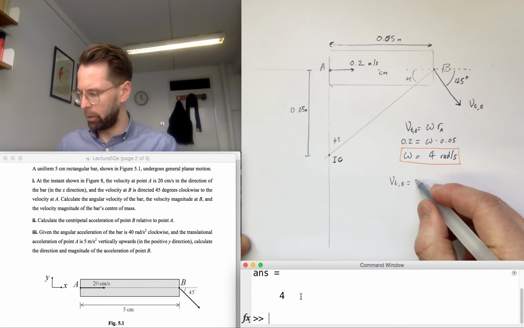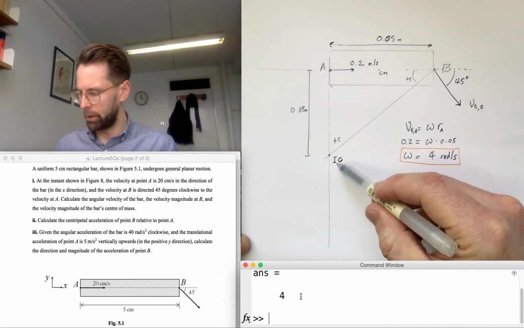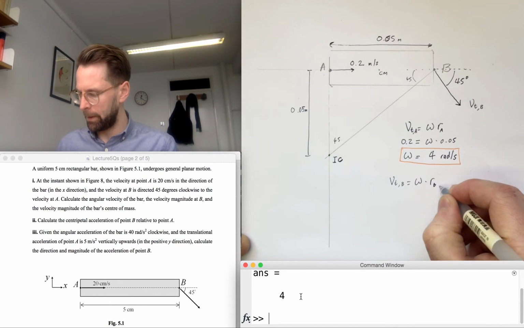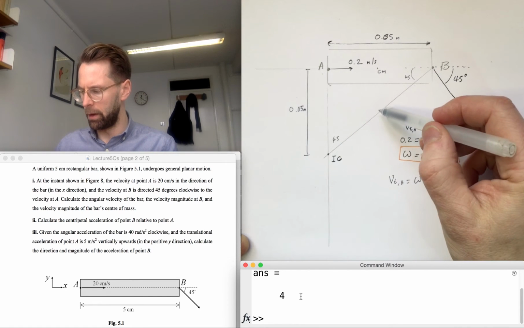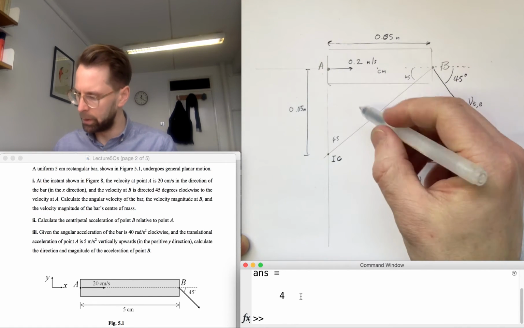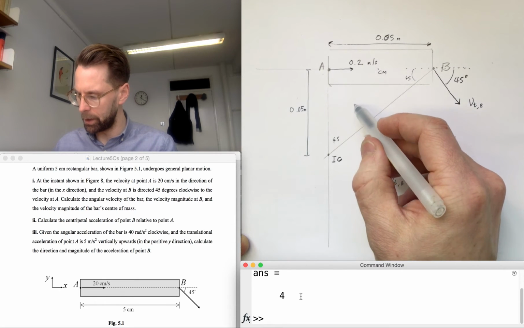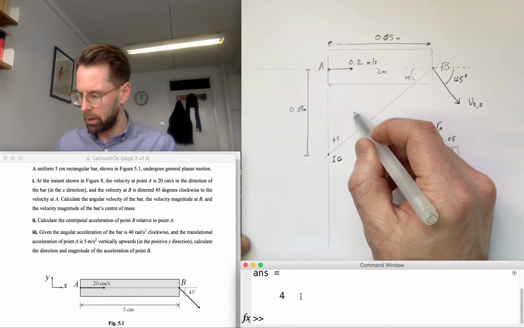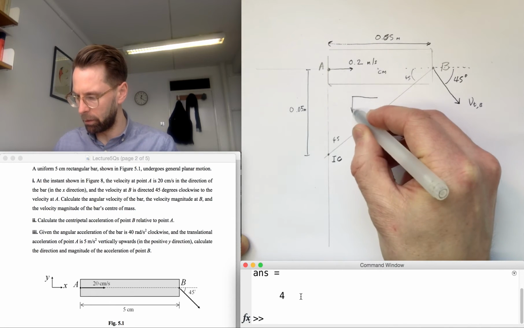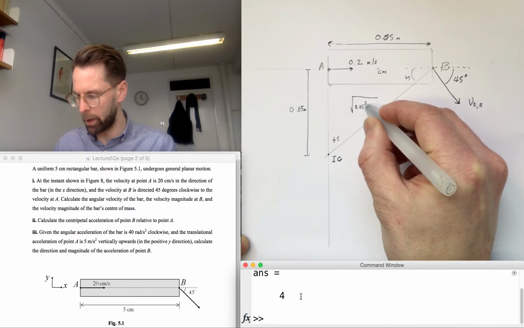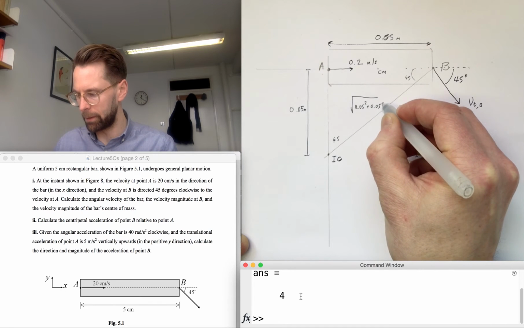So it'll be omega times rb. And rb, if this is 0.05 and this is 0.05, then this is pretty simple. Using Pythagoras, rb is equal to the square root of 0.05 squared plus 0.05 squared.